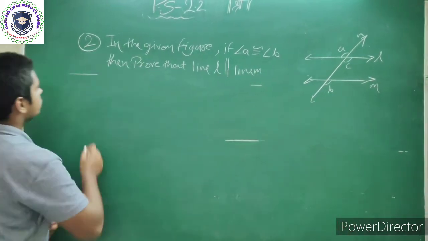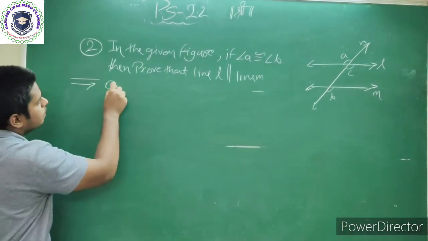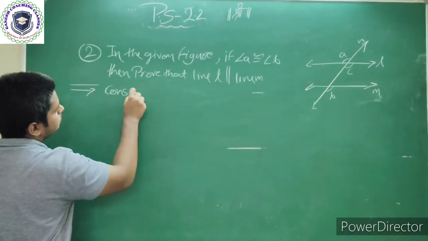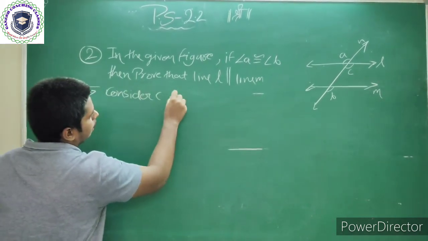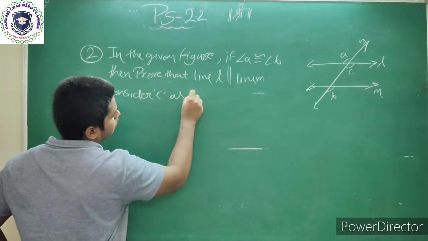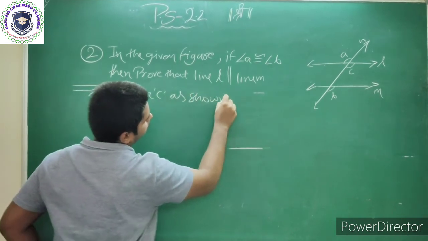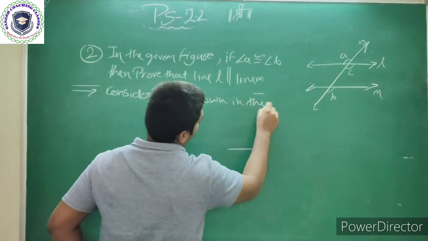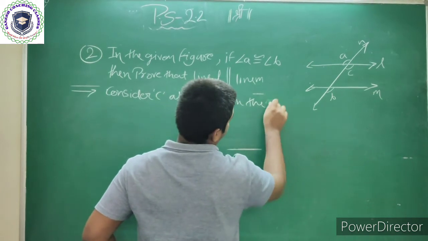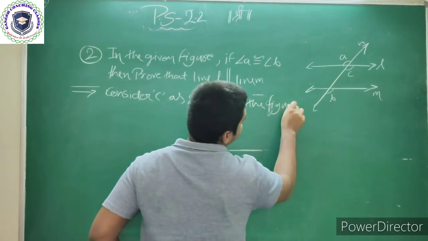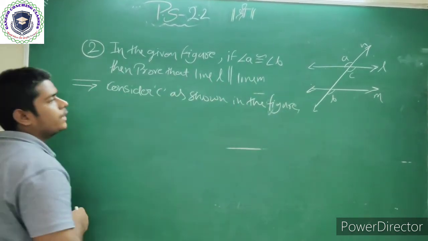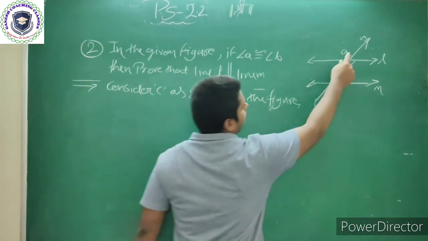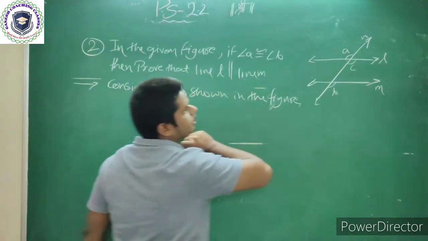So here consider C as shown in the figure. Okay, so here A and C are vertically opposite angle.